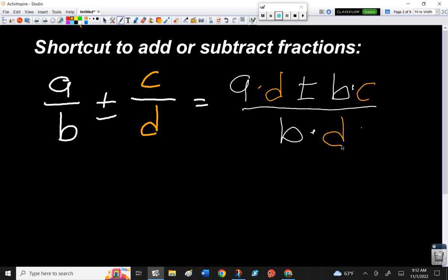I color coordinated it just to let you know this is how you would multiply to simplify this fraction. This is the shortcut.